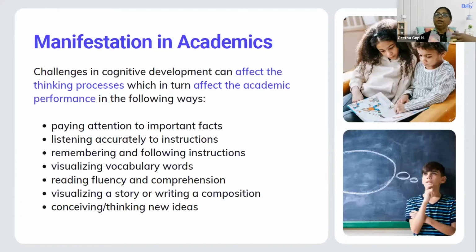It is usually based on your past experiences, then you get a new spark and you try to expand upon the previous knowledge you've had about something, and you pay a lot of observational attention to that particular topic. You read up on it, gather more information, and that is how creativity develops. So thinking of new ideas and becoming more original in your thought process. All these are important cognitive skill processes which help in academic output or academic performance.